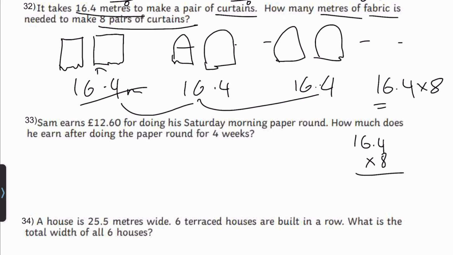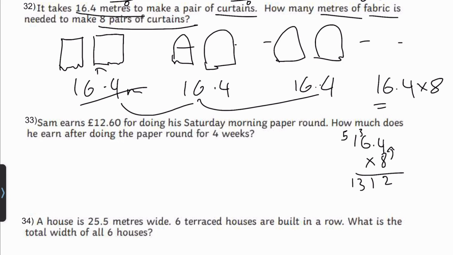And as usual, you do 8 times 4, which is going to be 32. Carry the 3. 8 times 6 is 48. Add the 3, 51. 8 times 1 plus 5 is going to be 13.